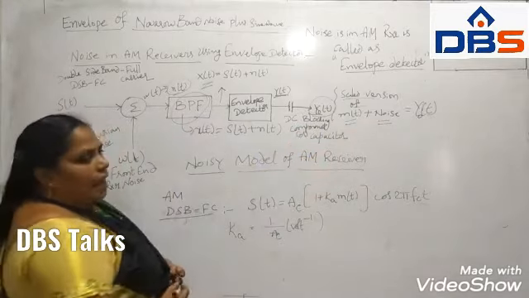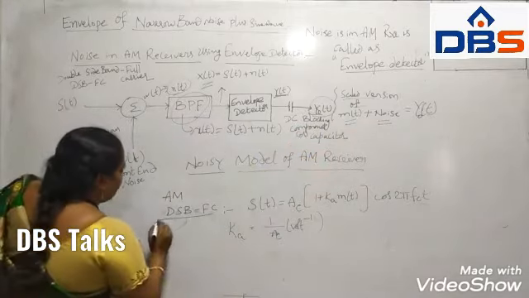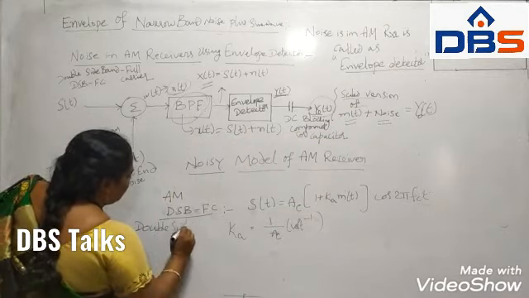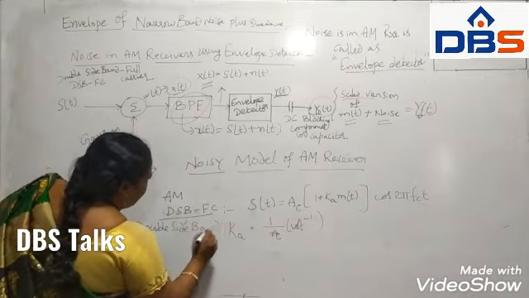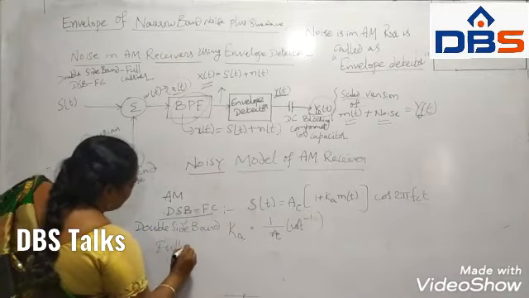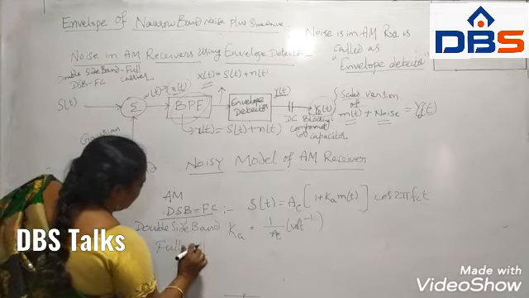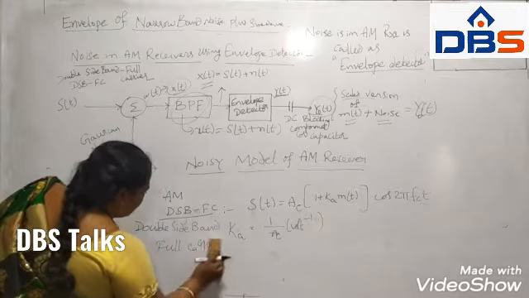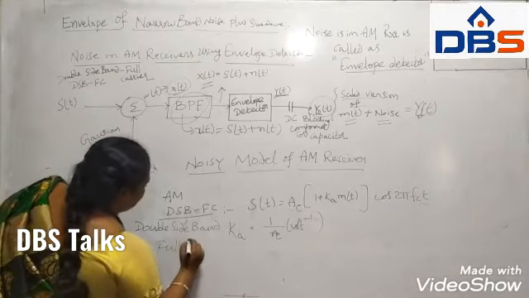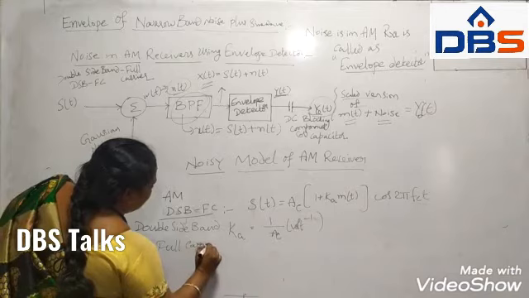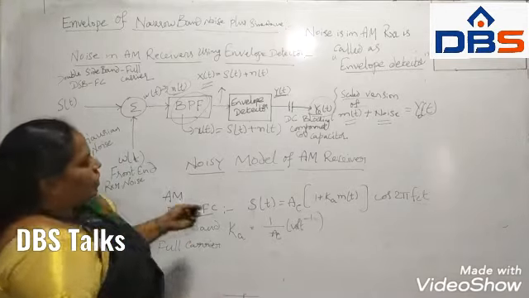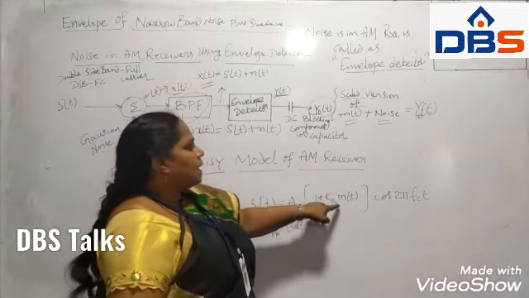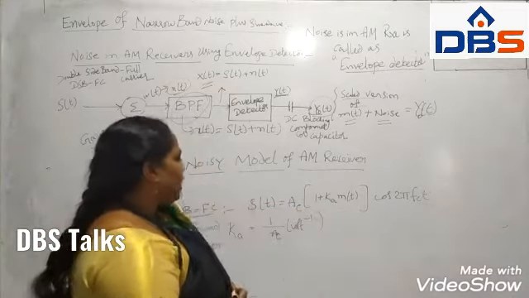So for the AM receiver, double sideband full carrier waveform, we have to take S of t is equal to AC into 1 plus Ka m of t cos 2 pi fct.